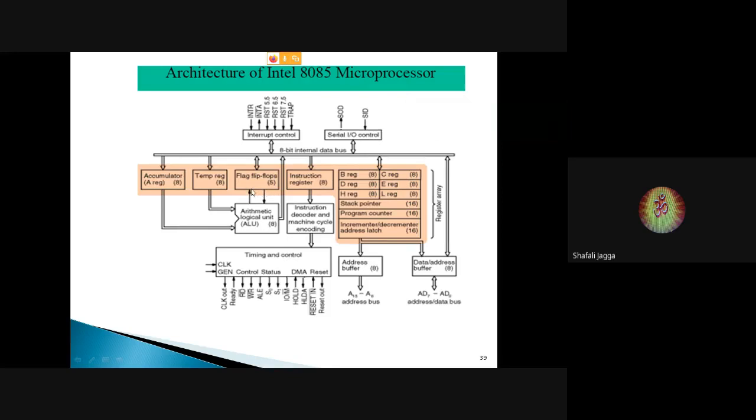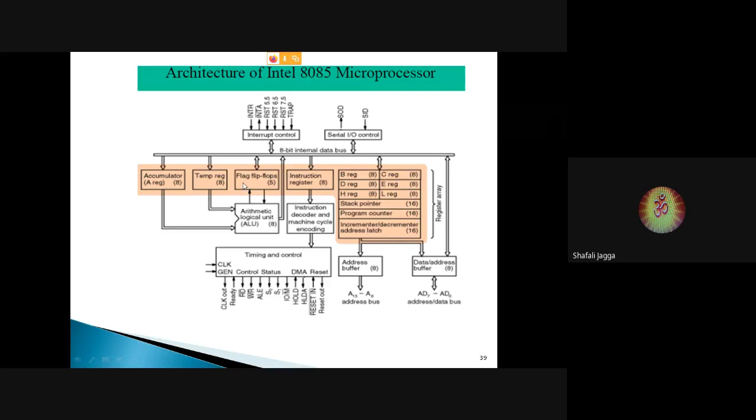Whatever bit is set, the corresponding flip-flop is set. If carry is 1, it means the corresponding flip-flop is set. So whatever the status of the flip-flop, that will be reflected in the flag bit of the flag register. The flag register will be updated after every arithmetic and logical instruction execution.